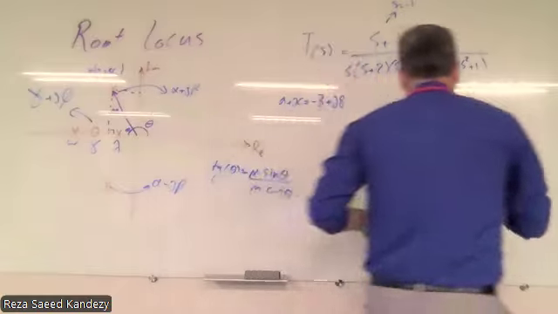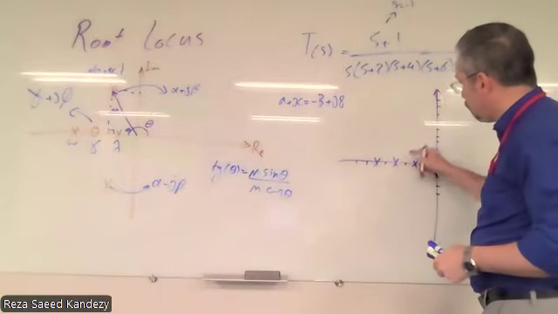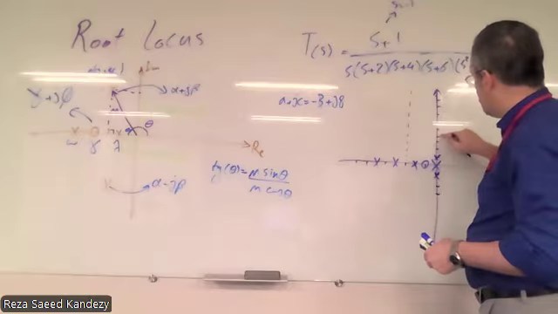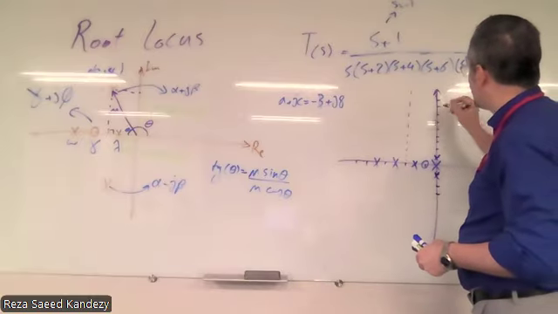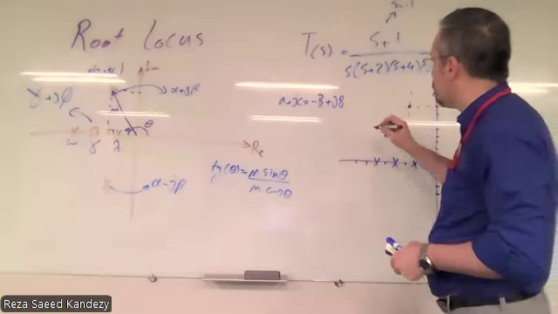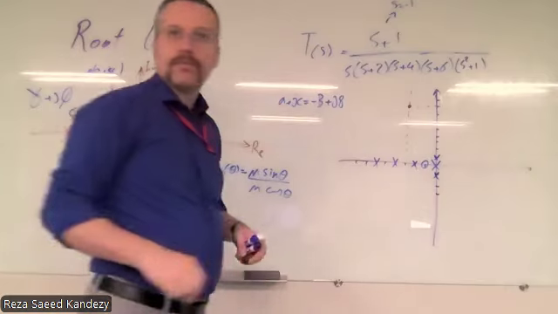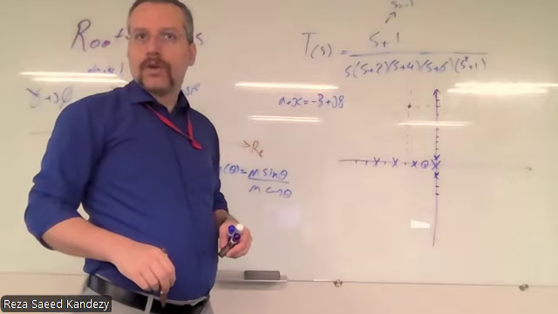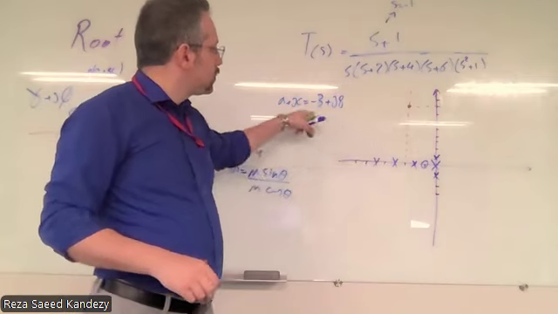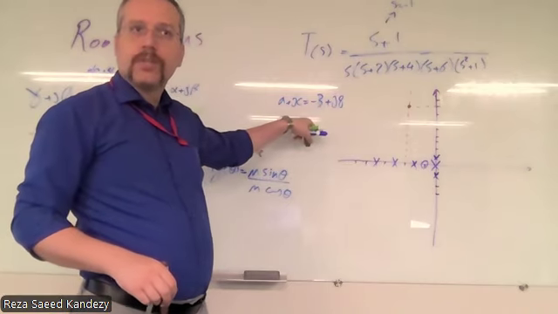Let's show it. So this is 1, 2, 3, minus 3, and 1, 2, 3, 4, 5, 6, 7, 8. So the point that we want to see is this point. Are we good?